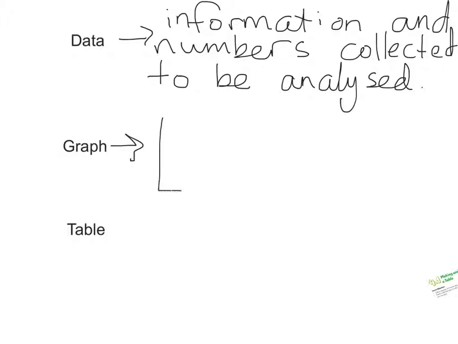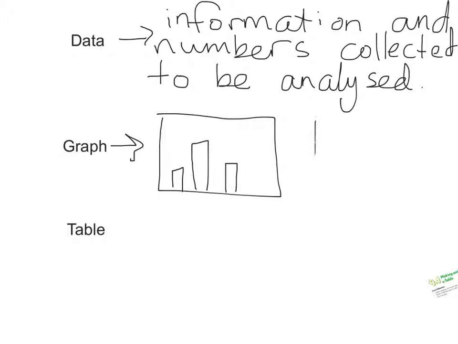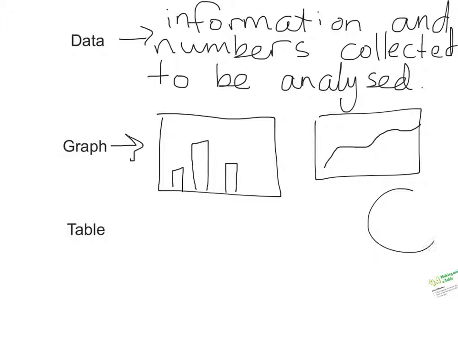So you could have a graph with bars. You could have a graph with a line, right? There are different ways to make graphs. You can have a pie graph where you color in different sections of the pie. There's lots of different pictures that you can use to display the data.